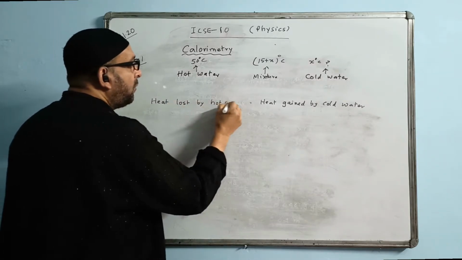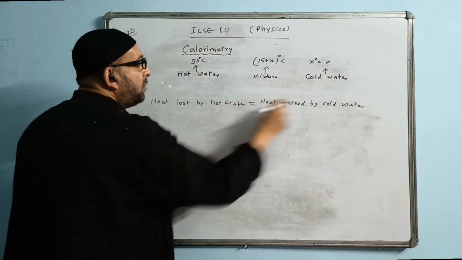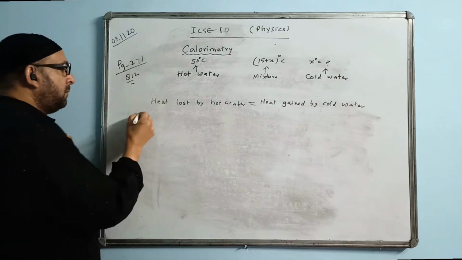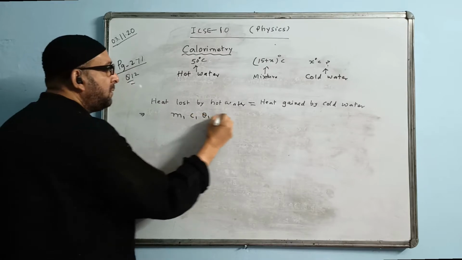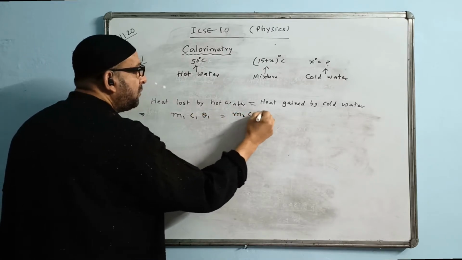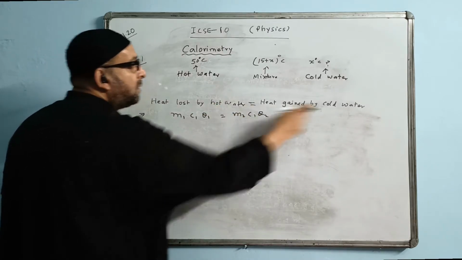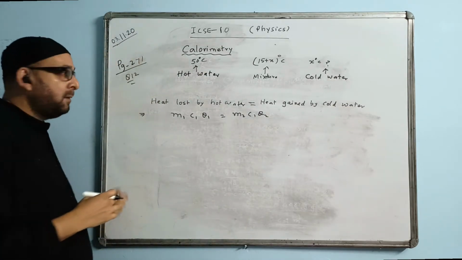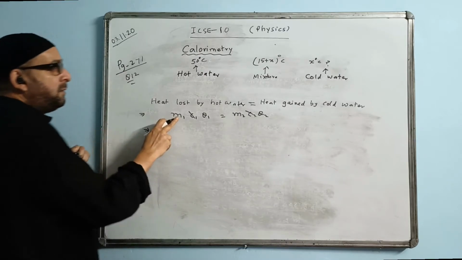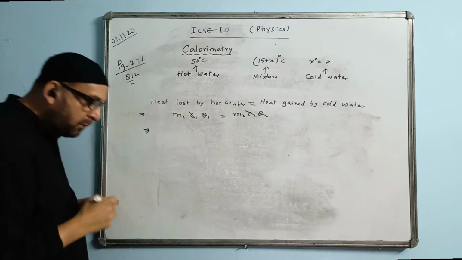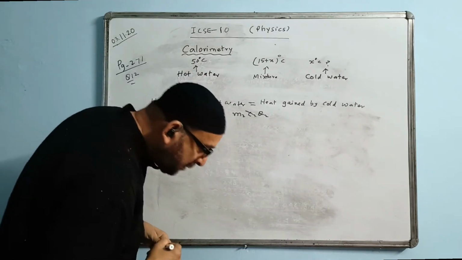Heat loss by hot water equals heat gain by cold water. Write it out here: M1 C1 theta 1. Here I write M2 C1 only. Why? Because this is also water, that is also water. Same thing. These two cancel. Now I put in the values. This is about hot water. The mass of the hot water used in the question is 300 gram.